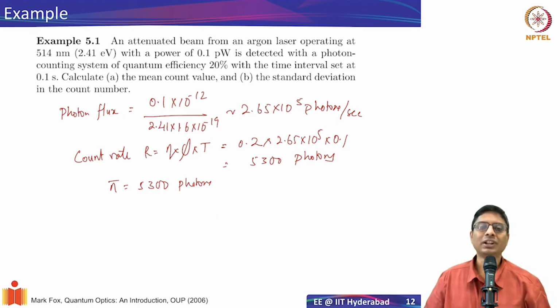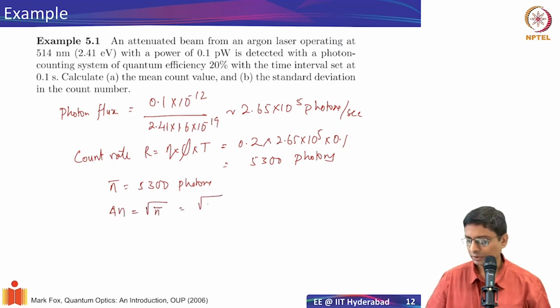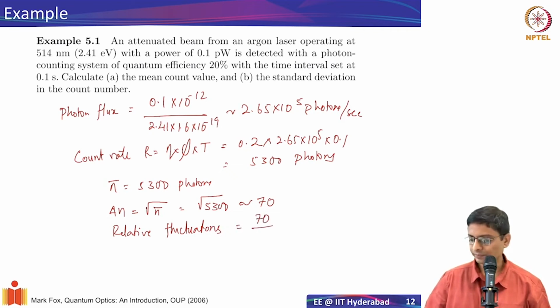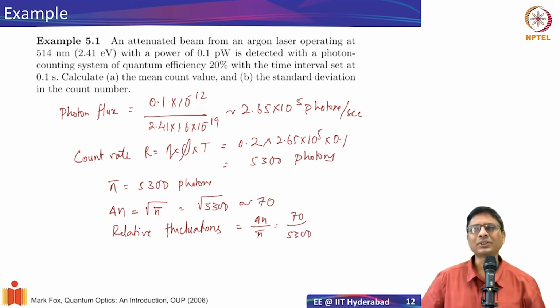Alright, standard deviation of the count. You are assuming a Poisson distribution, and the standard deviation is simply going to be delta n, the square root of n bar. So that's going to be the square root of 5300, which is approximately 70, since 7 into 7 is 49. So if I look at the relative fluctuations, delta n divided by n bar, that's going to be 70 divided by 5300, which is 1 over 70, rather.